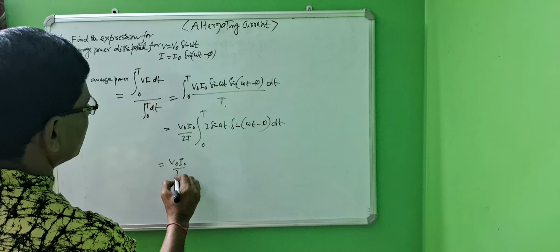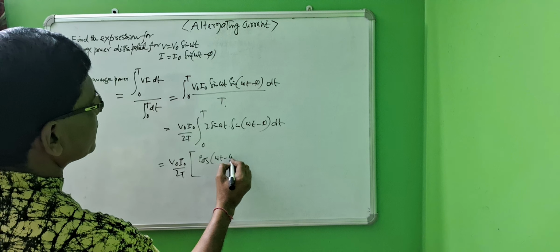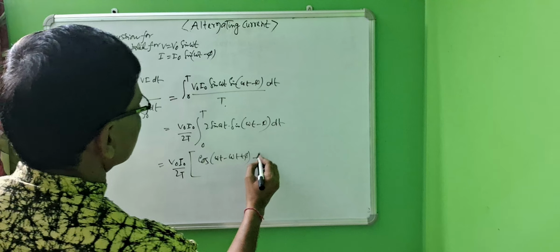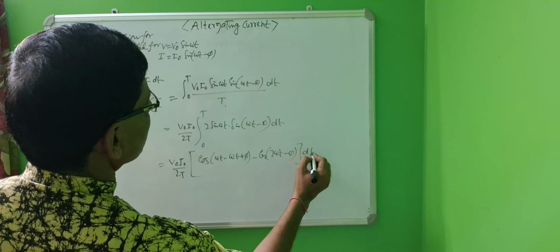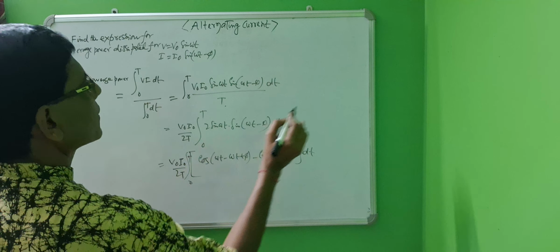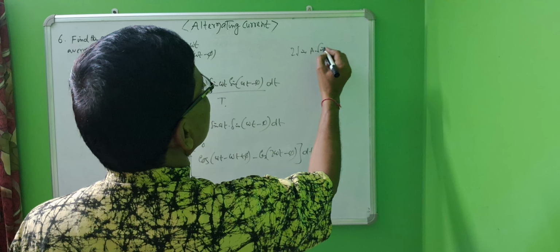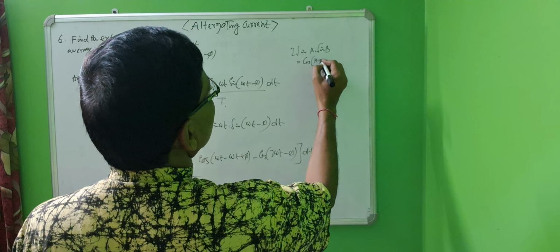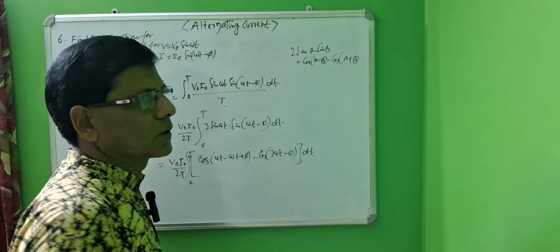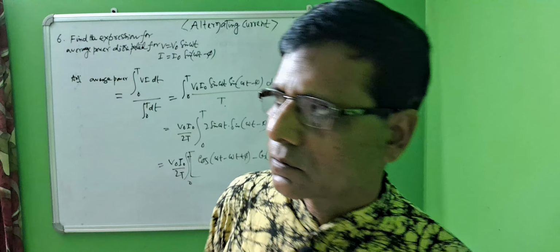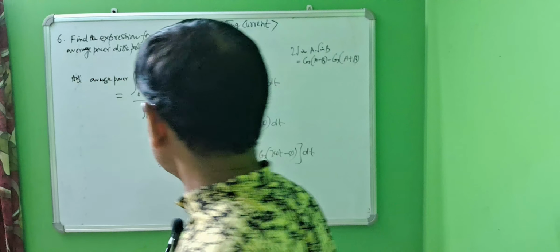Here we apply the formula 2 sin A sin B equals cos of A minus B minus cos of A plus B, which we have written, so applied here.